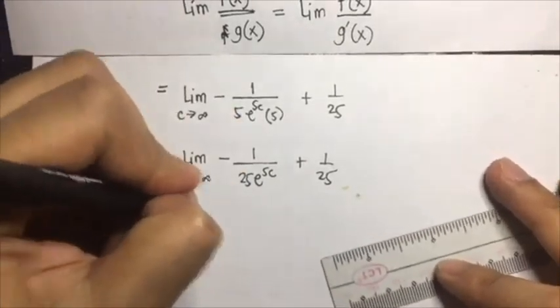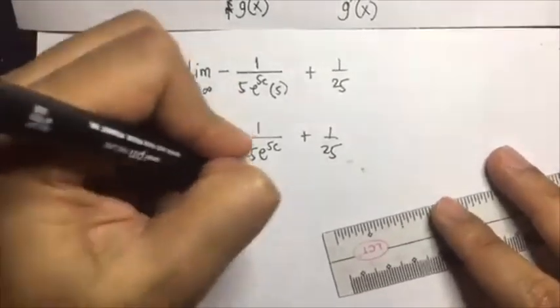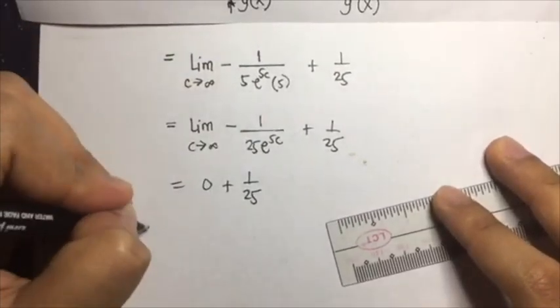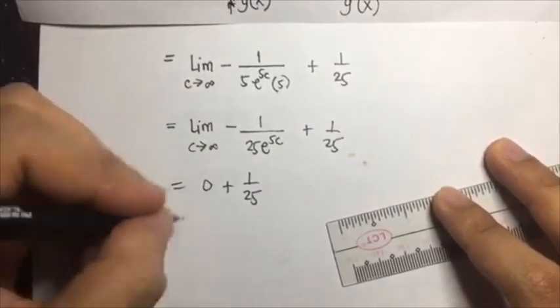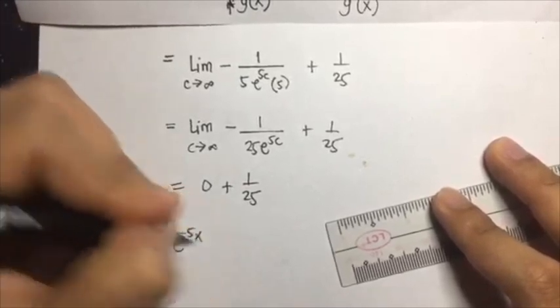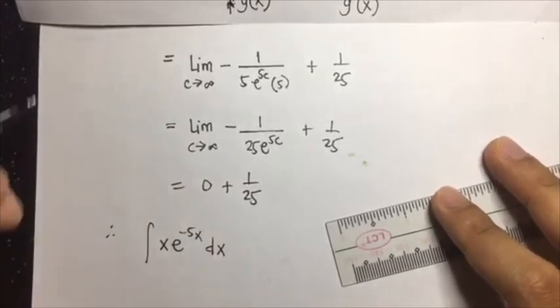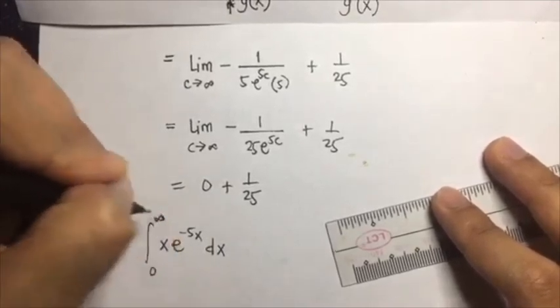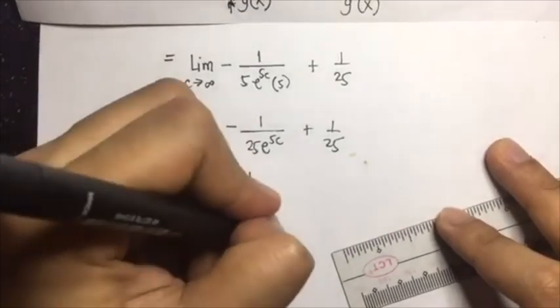So this will become 0, plus 1 over 25. Therefore, the integral of x e raised to the negative 5x dx from 0 to infinity is equal to 1 over 25.